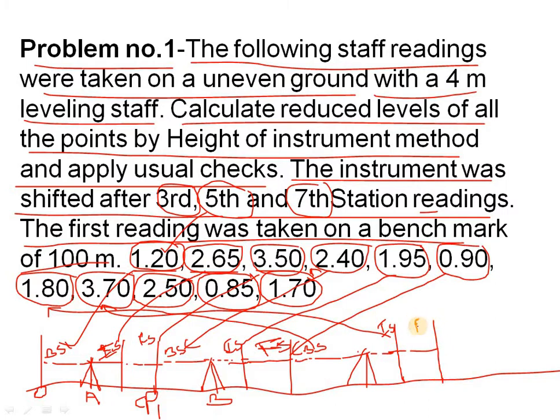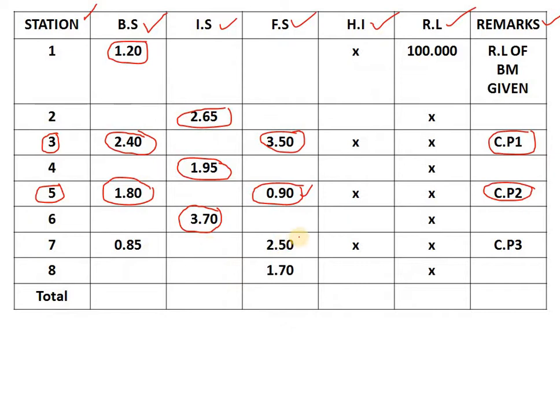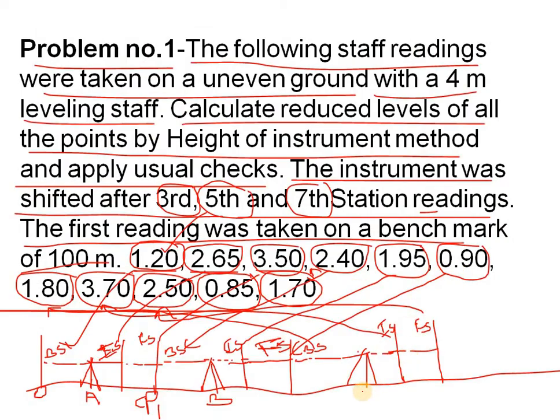So FS is how much? 2.50. So in the diagram you can see the question also. So the FS is 2.50. So this is at the 7th station point, and we will mark it as change point 3. So we can observe here this station is C, and this will be the 7th station.